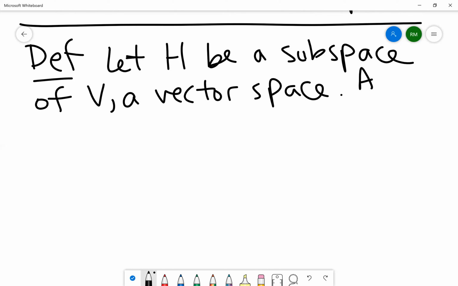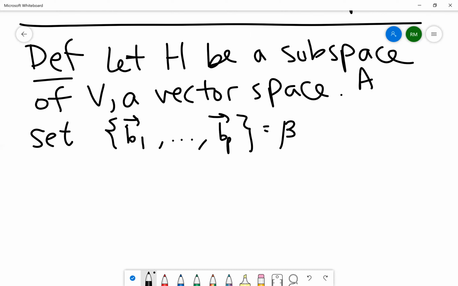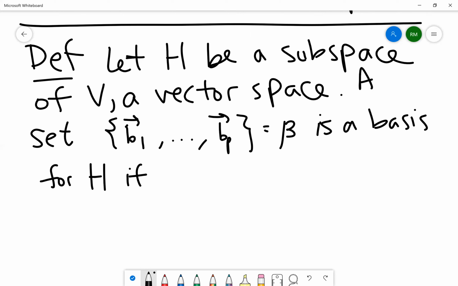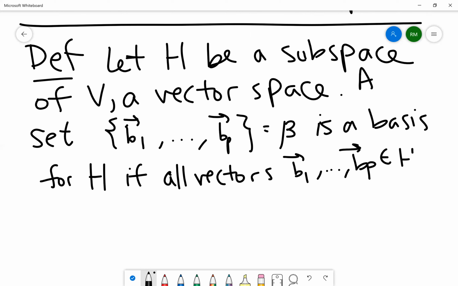A set, which we're going to call beta, is a basis for H if all the vectors b1 through bp actually have to be in the subspace H, and two other conditions have to be true.